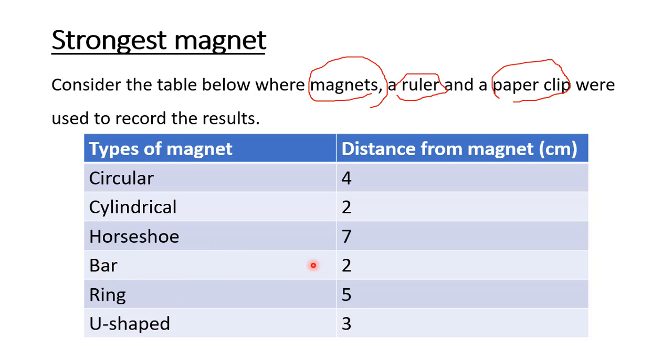Cylindrical and bar both have a value of 2, meaning they can only attract an object at a distance of 2 or below. Their magnetic fields are not as strong as the magnetic field of the horseshoe.